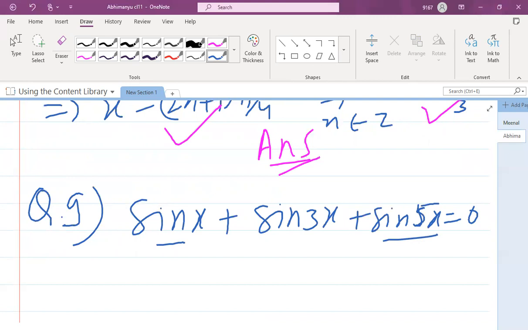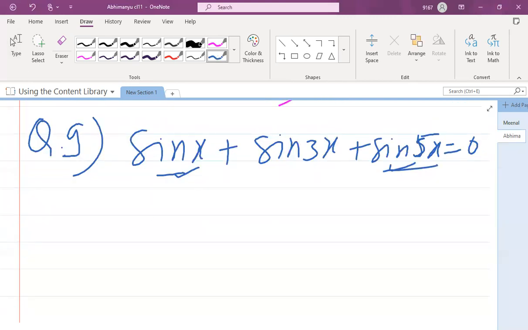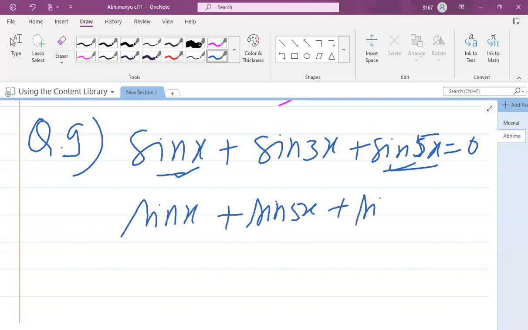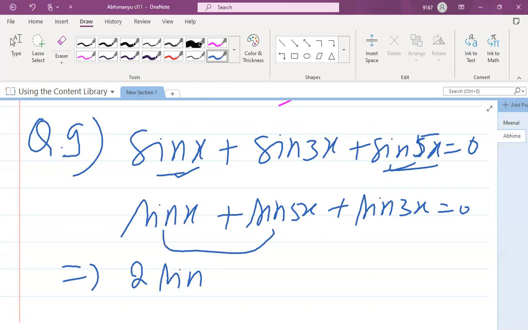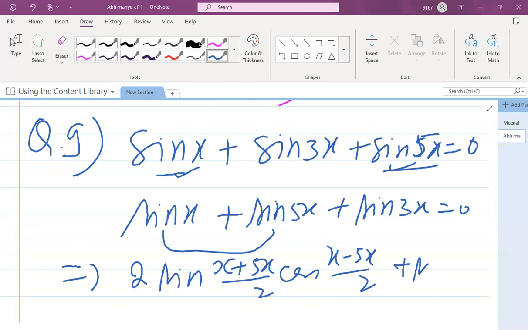So we take these two together: sin x plus sin 5x plus sin 3x equals 0. Now, using identities, 2 sin (x plus 5x)/2 cos (x minus 5x)/2 plus sin 3x equals 0.